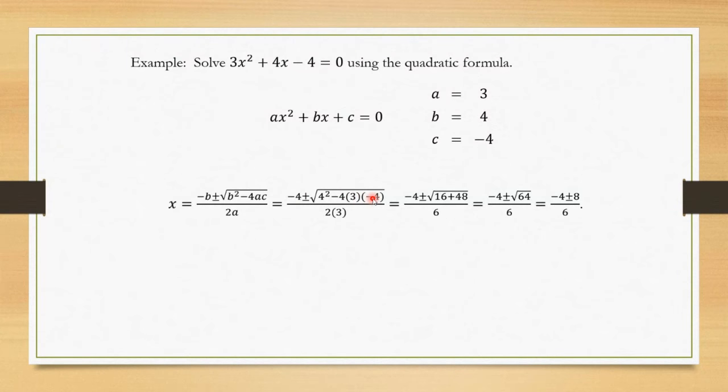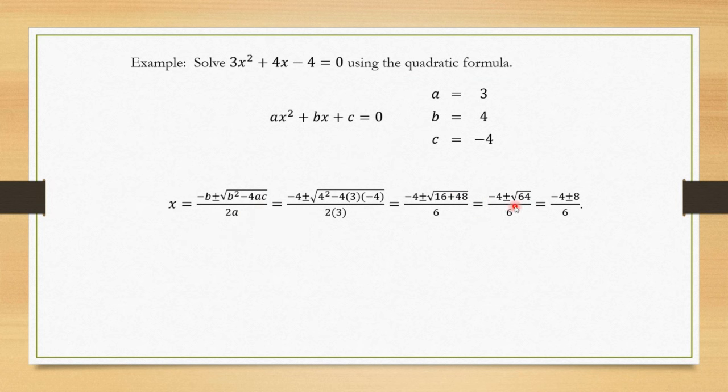That's why we have a minus 4. So this would really be 16 minus negative 48, but minus a negative is plus. So we have this. And if you add 16 and 48, you actually get 64. 64 we know is a perfect square, right? And on the bottom, 2 times A is 3, so we get 6.